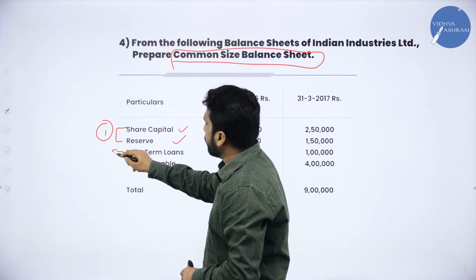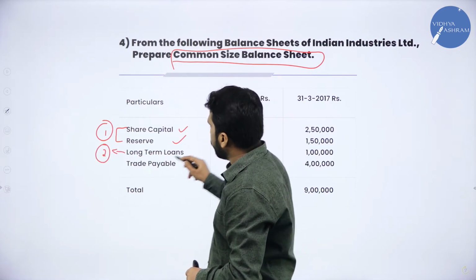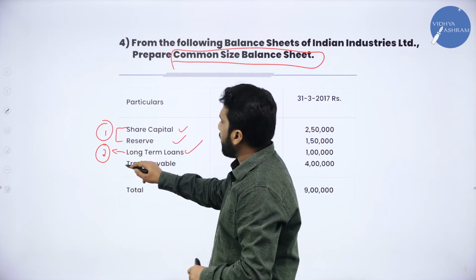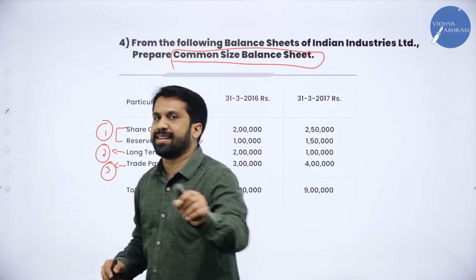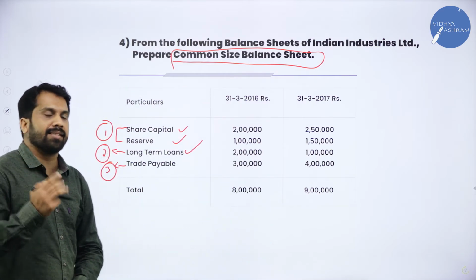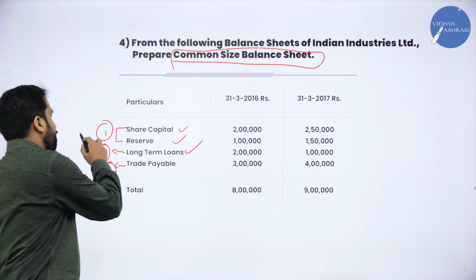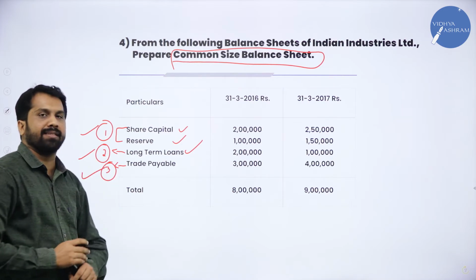Long-term loan is the second. Trade payable: anything which is payable is called current liability, so it is the third one. We classified first, second, third.